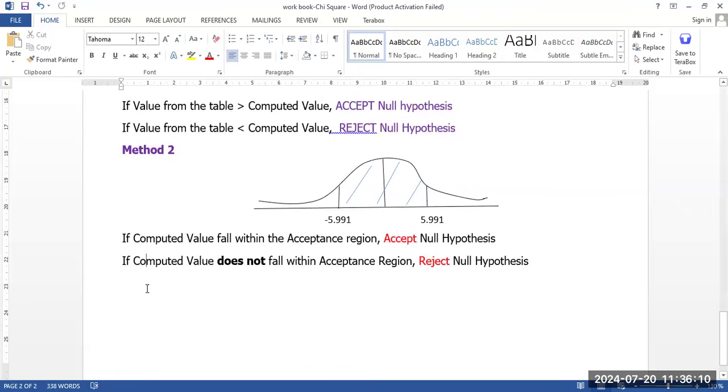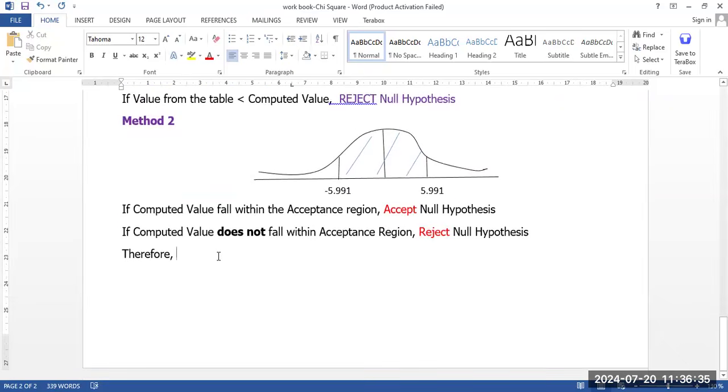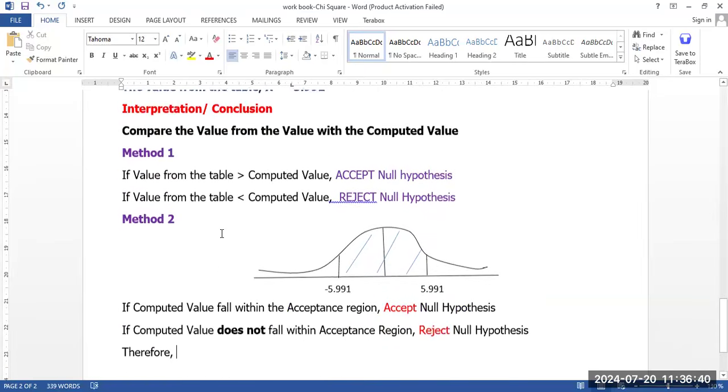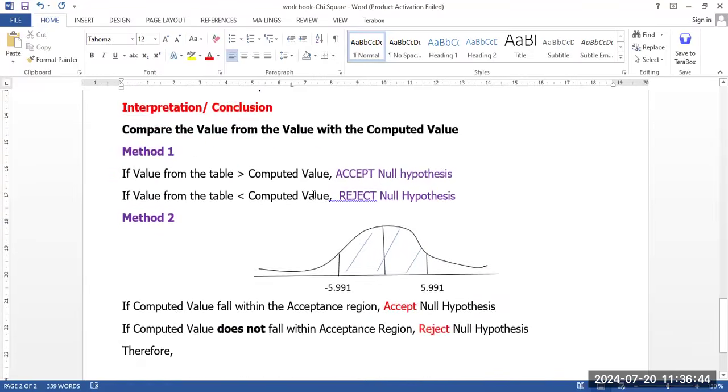So in conclusion, from our interpretation, we are not accepting.